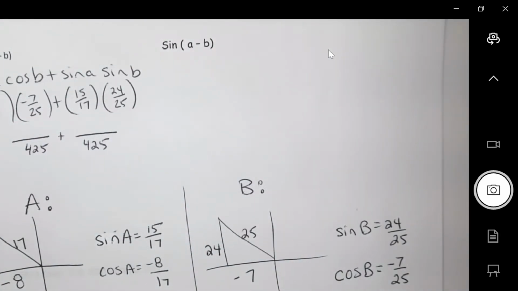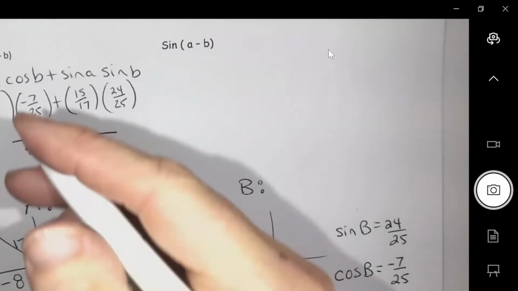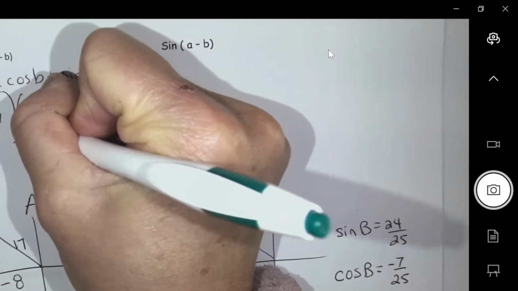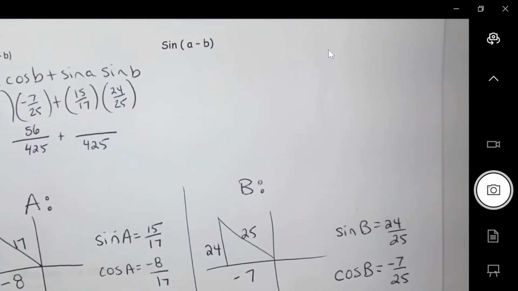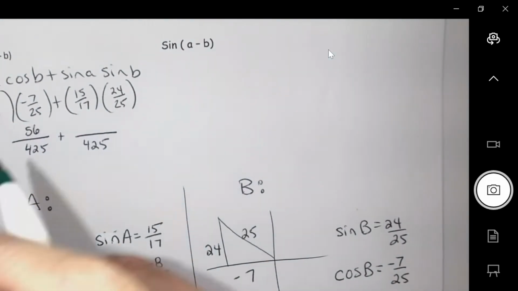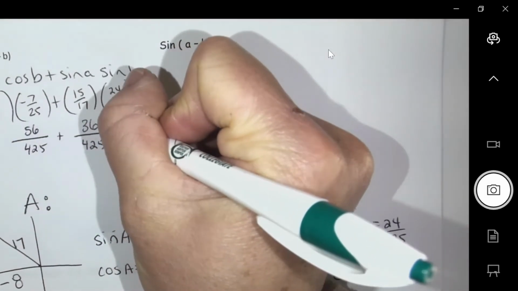Okay, so that bottom 17 times 25 is a 425. So now it's just get your top numbers as well. So a positive 56 and a positive 360.